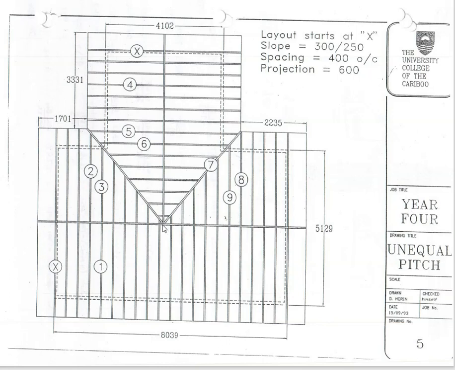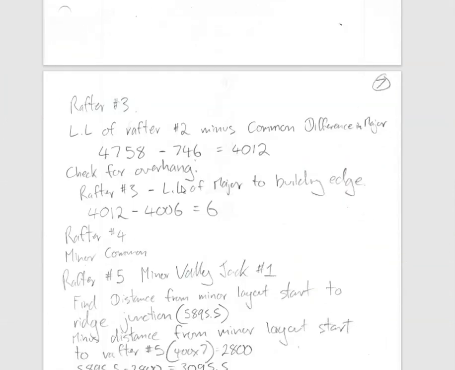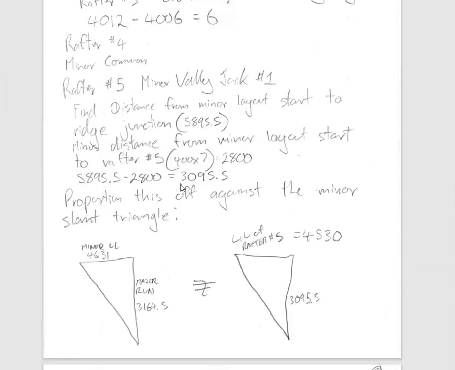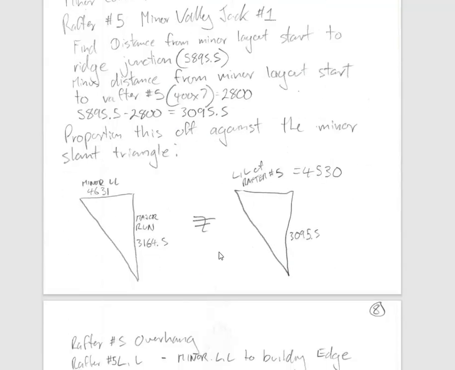The distance there to the junction of the ridges, minus the distance from the building layout to rafter number 5, which would be 1, 2, 3, 4, 5, 6, 7 spacings times 4. And if you look on the sheet, you'll see I've walked through the math here, sort of explaining all that. There's your 7 spacings times 4. And this time we're going to proportion that off against the minor slant triangle.